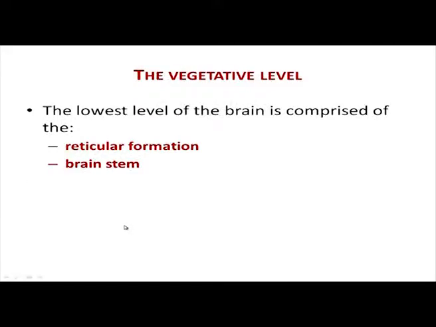So, coming to the vegetative level, the lowest level of the brain at the vegetative level consists of two structures, the reticular formation and the brain stem.